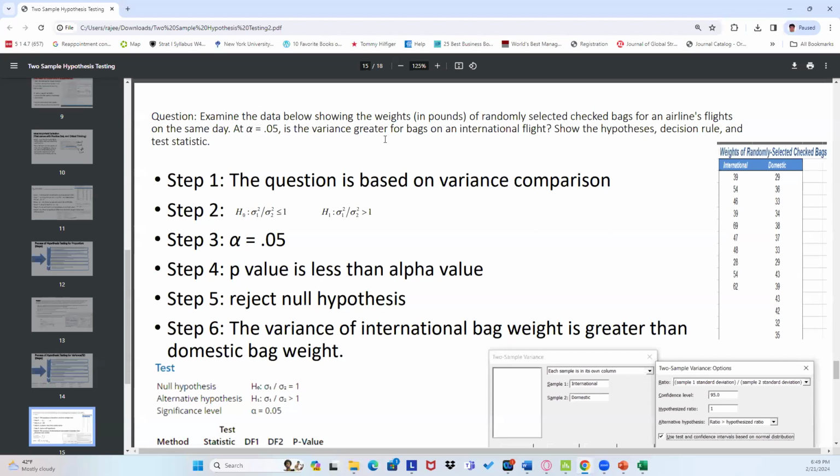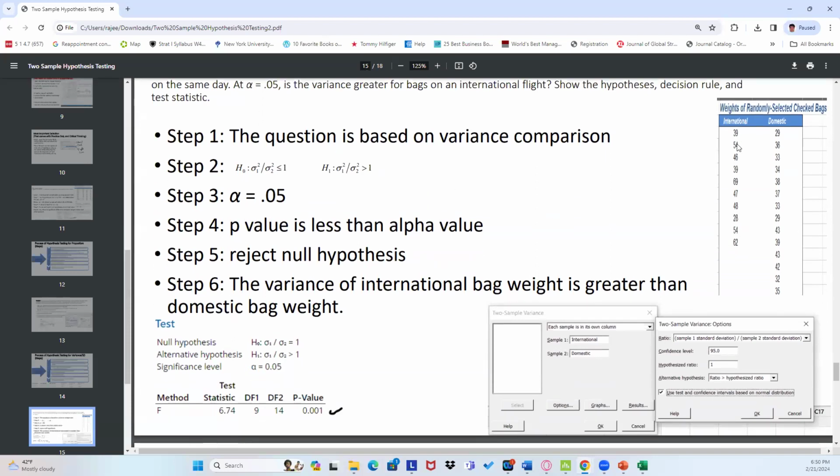This is asking which sample's baggage weight is more highly varying, international or domestic. So the question is, is the variance greater for bags on an international flight? Sigma 1 is the international flight and sigma 2 is the domestic flight.